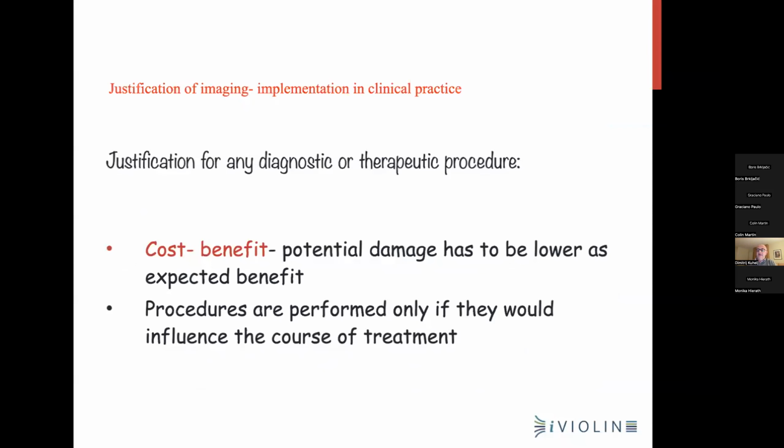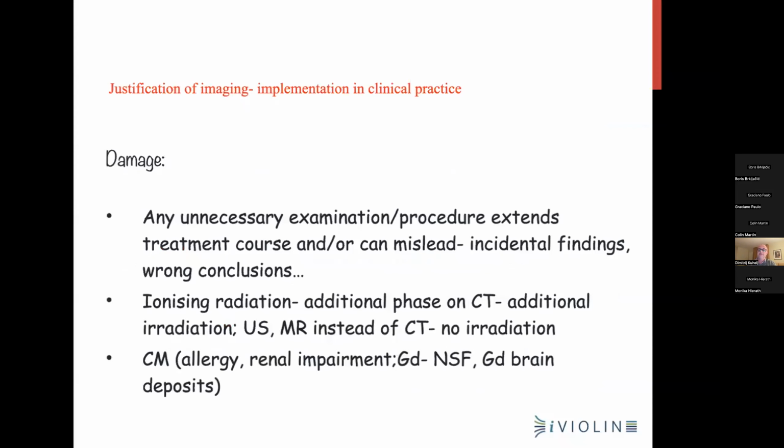Justification for any diagnostic or therapeutic procedure has to be done on the basis of cost-benefit. What does it mean? Potential damage to the patient has to be lower than the expected benefit. And procedures or imaging should be performed only if they would influence the course of treatment of the patient.